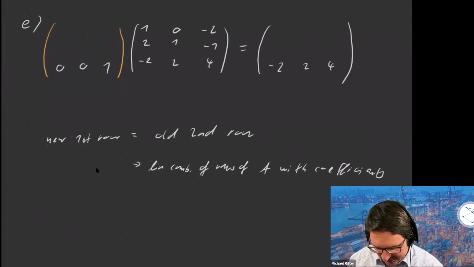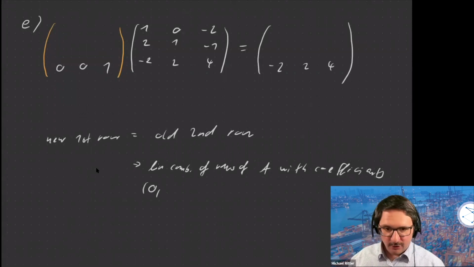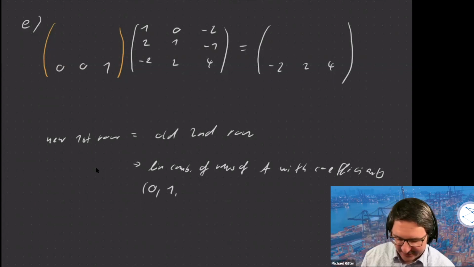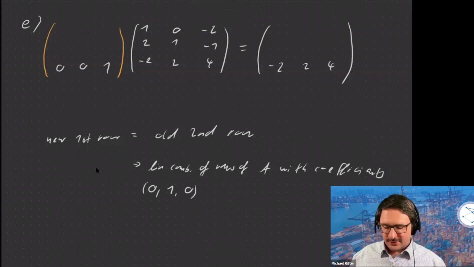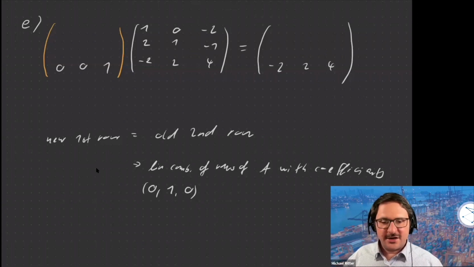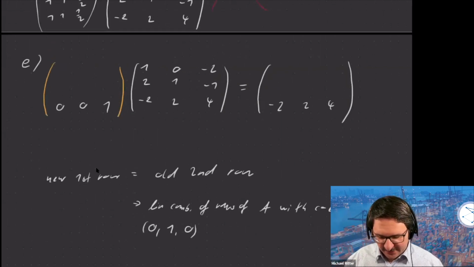We want 0 times the first row of the old matrix. We want 1 times the second row and 0 times the last row. So we can just view this assignment as a linear combination where we just take the new row that we want, and that's the old second row.